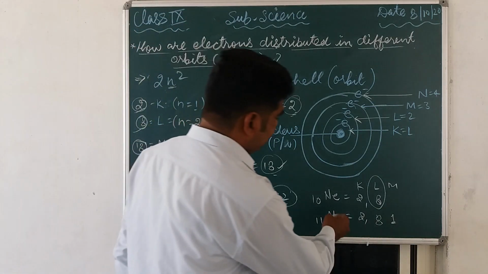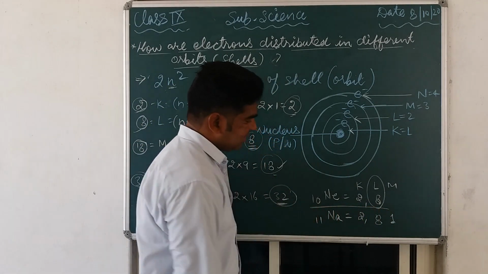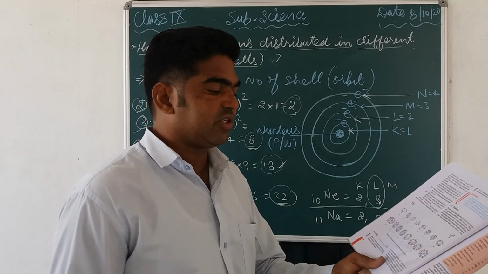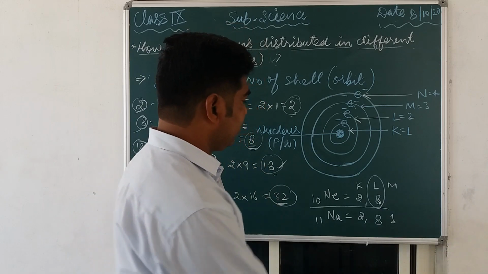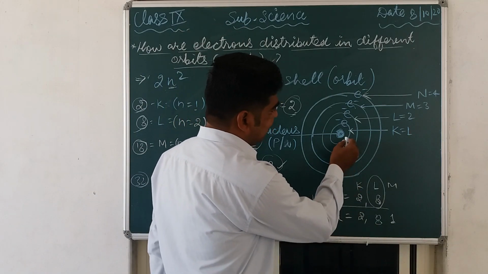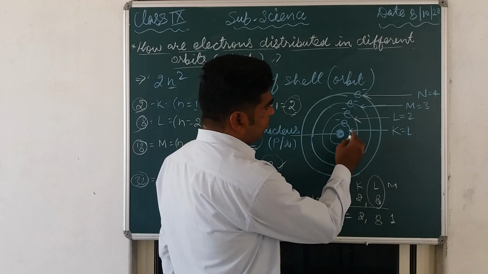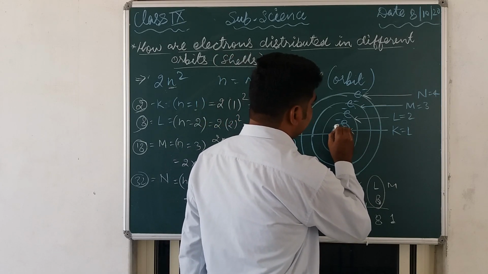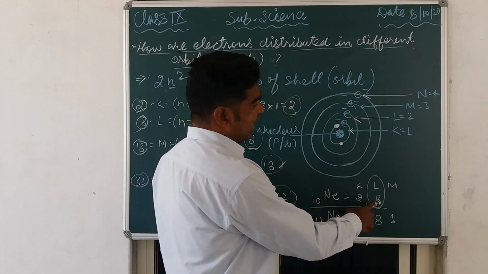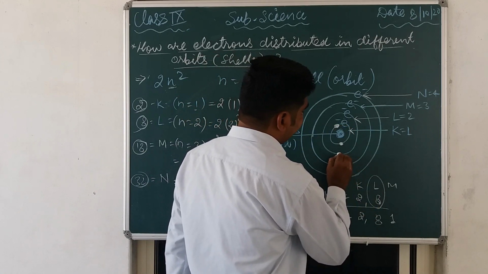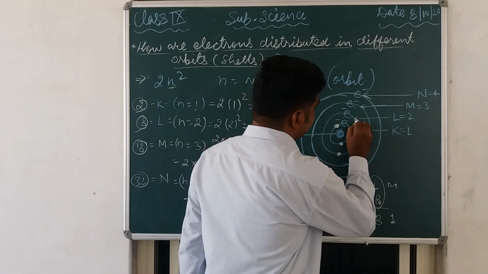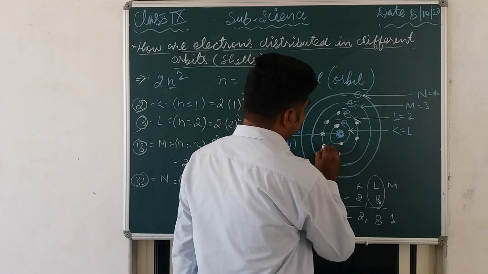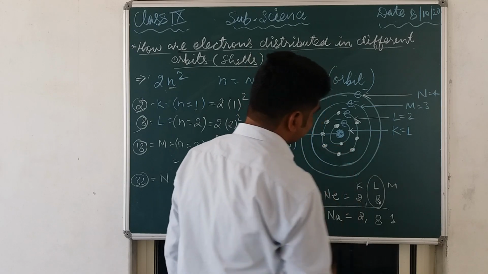Suppose we draw the schematic atomic structure of neon. In the first cell, how many electrons? K cell occupies 2 electrons, so 1 and 2. The second, L cell, occupies how much? 8: 1, 2, 3, then 4, 5, 6, 7 and this 8.